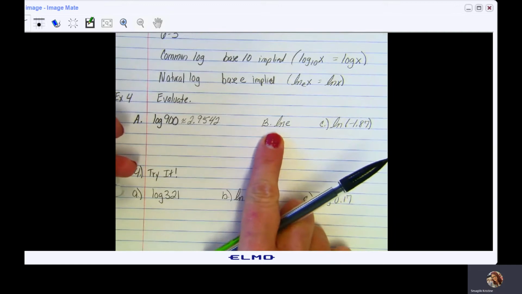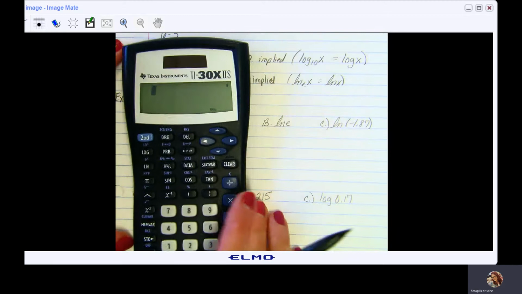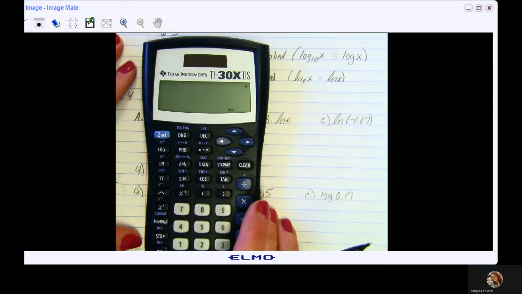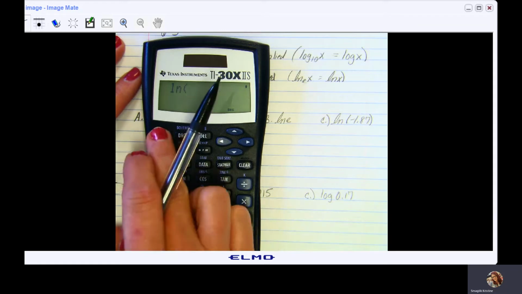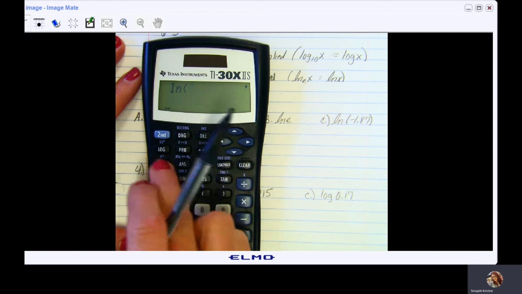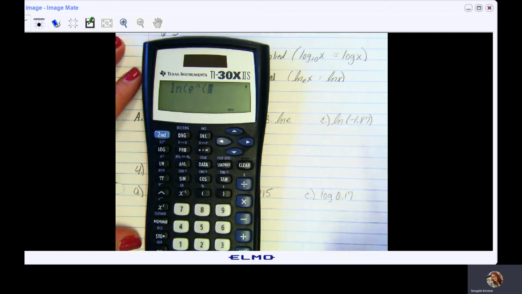Let's take a look at the natural log of e. So I'm going to find my ln key. Here it is. And I'm going to enter e. e to the x is right above the ln key, so you'll have to hit second or shift. And now it's wanting an exponent. Well, the exponent here is just 1.